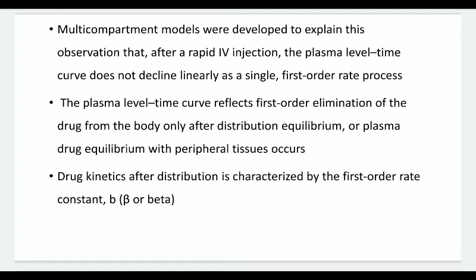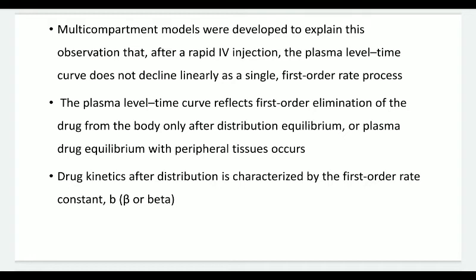The plasma level time curve reflects first order elimination of the drug from the body only after distribution equilibrium, or plasma drug equilibrium with peripheral tissue, occurs. So the only possibility of getting a first order rate reaction in case of drug elimination is once the equilibrium in terms of drug distribution is achieved.